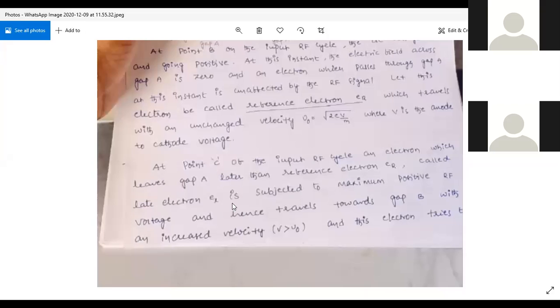It travels after the reference electron, so that's why it is known as the late electron. But it is traveling with high velocity because it is combining with the high RF voltage. That's why I told you increased velocity, V greater than V0.